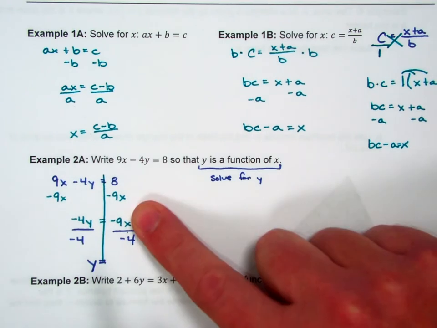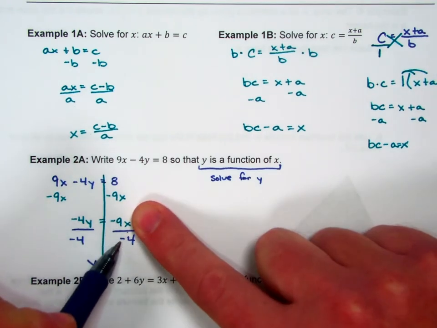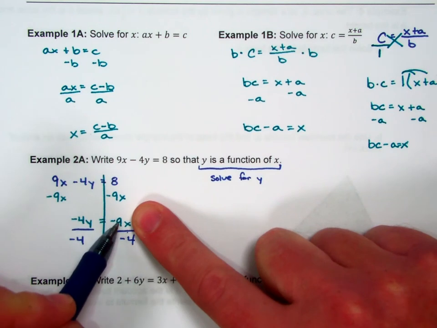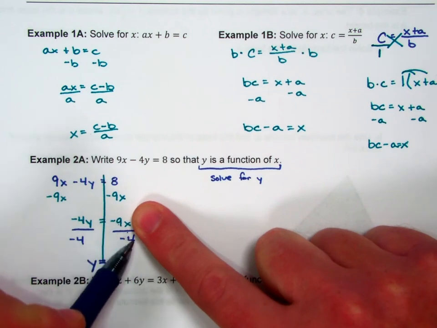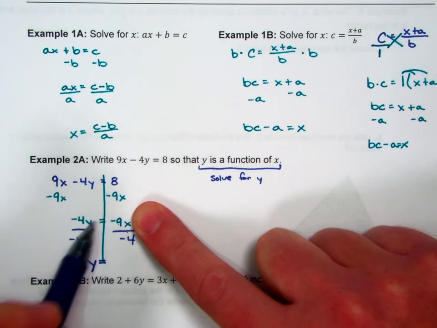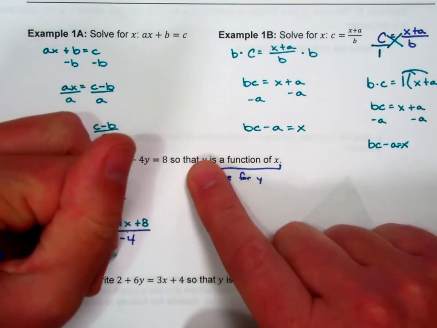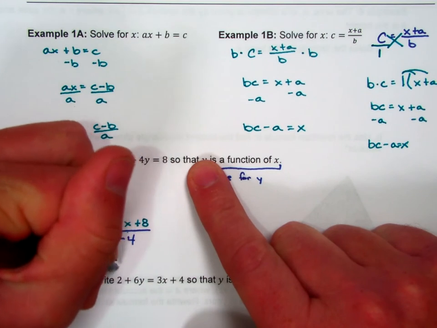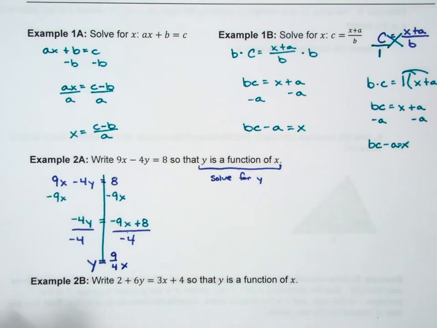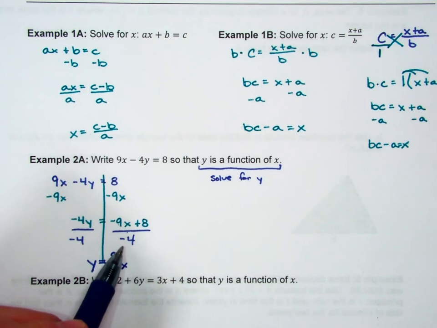So first of all, take a look at your negative 9x and negative 4. Now, 9 and 4 do not have any common factors, so the numbers themselves can't be reduced. But a negative divided by a negative can be reduced, so this should become a positive. So we're going to begin this with 9/4 x. That's how that first part is going to simplify.